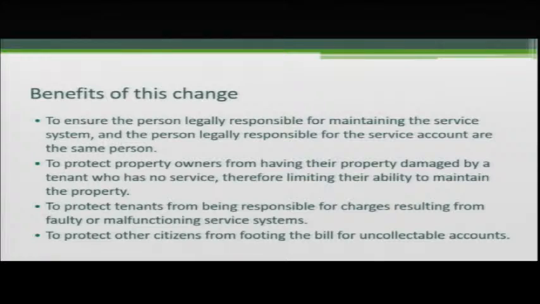So once again, this will provide property owners with the status of the utilities on their property. And on the flip side of the service lines, tenants won't be held responsible for the service line issues if there are any.